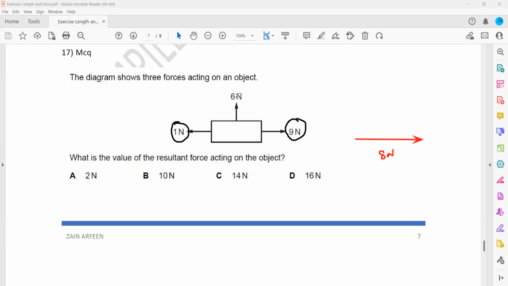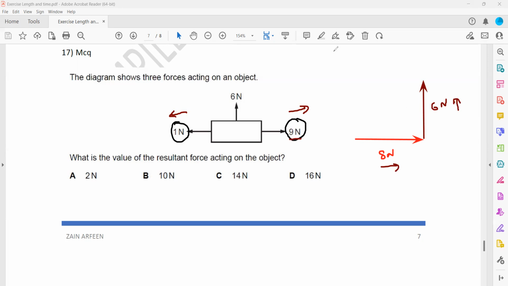And this 6 Newton is upward; there is no downward force. Now we want to find the resultant of these forces, because 9 Newton towards the right and 1 Newton towards the left create a resultant of 8 Newton towards the right, and 6 Newton is already there upward.